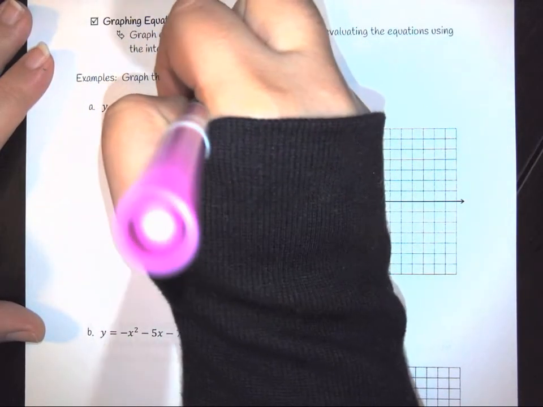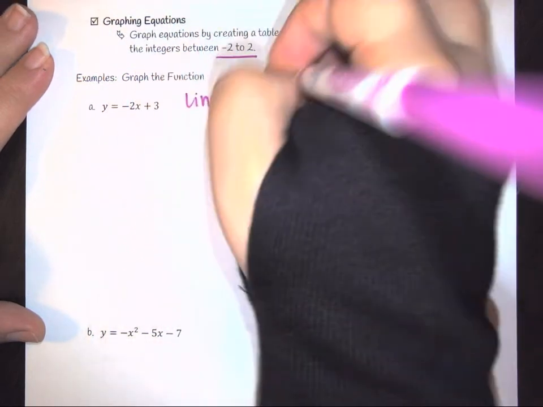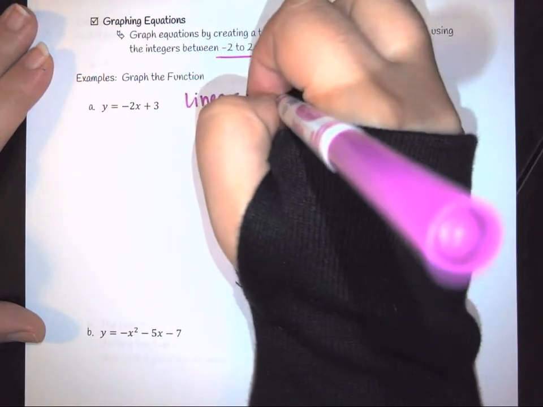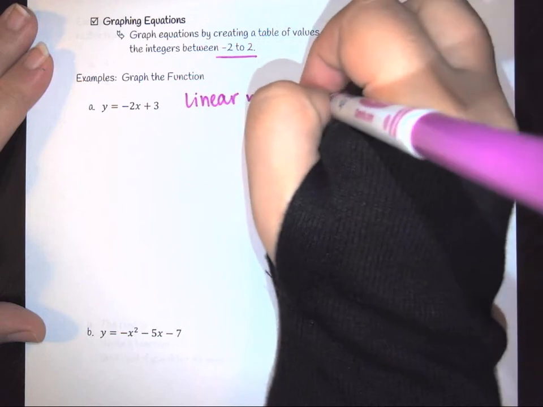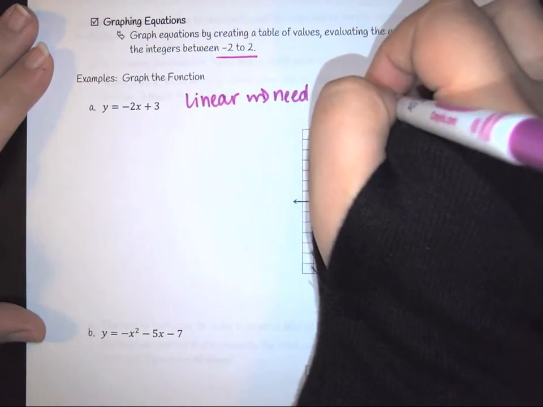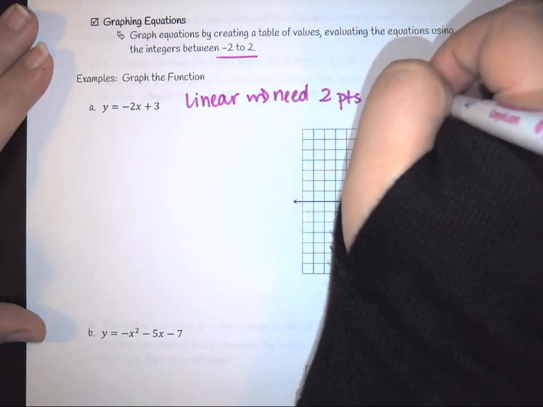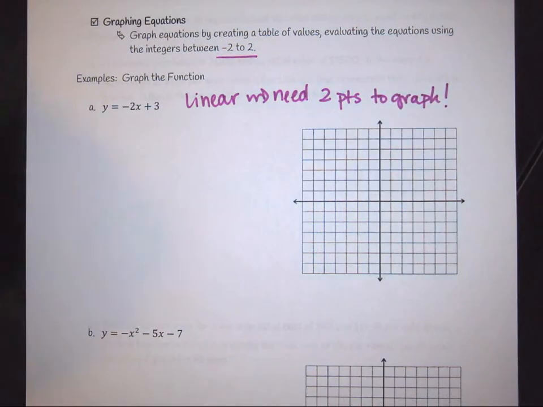When we are talking about a linear function, you only need 2 points to graph. The reason for that is because this is a linear line, and you only need to have 2 points to graph a straight line. There's going to be no curves or bends or anything like that.